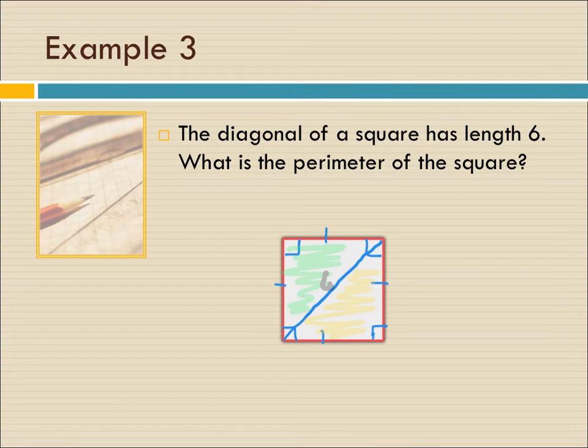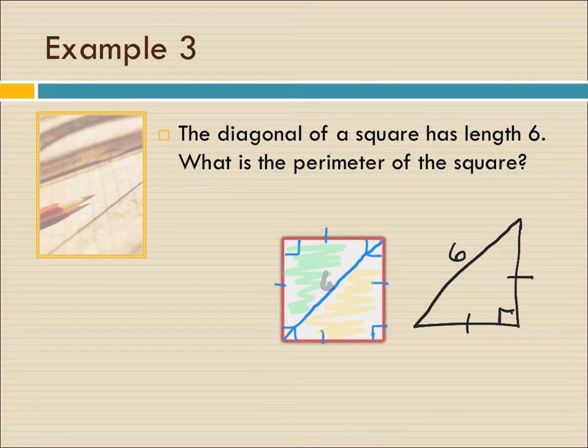Now, if it's easier for you to pull it out, we can look at it just like this. Maybe it might be better if I put it the way it's facing for you. Let's do this. I'm going to do the yellow one. These are congruent. This one has a length of 6. And here's my right angle.